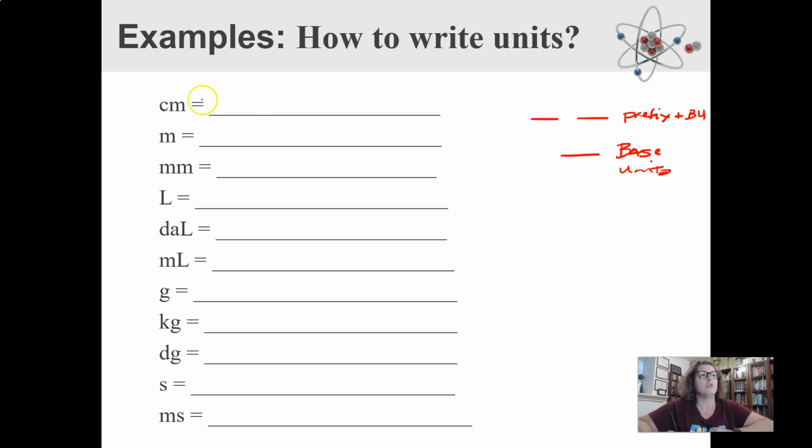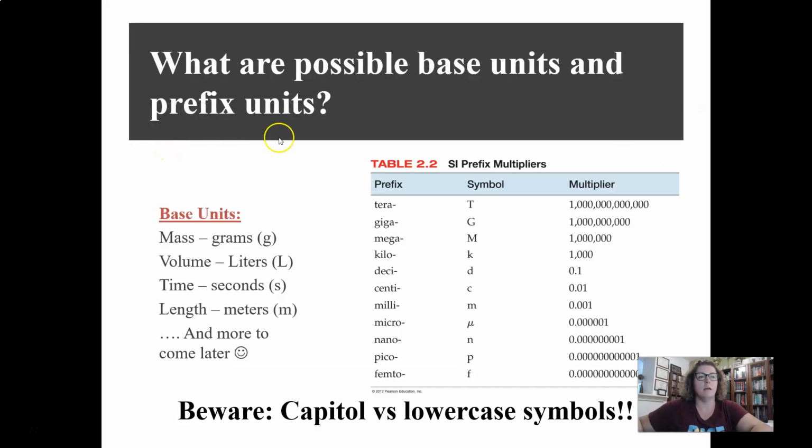So if I have cm, I know that m at the very end means meters, and little c means centi. And it is one word, centimeters. But what if I have m by itself? If you look back on our chart, I have little m for milli, big M, and little m for meters.